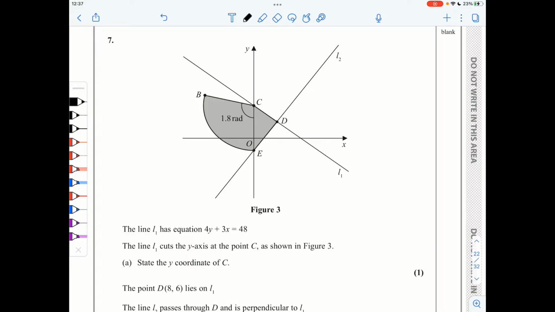In question 7, we are being given the line L1 with equation 4y plus 3x equals 48. I might as well annotate the diagram here with a line 4y plus 3x is 48.